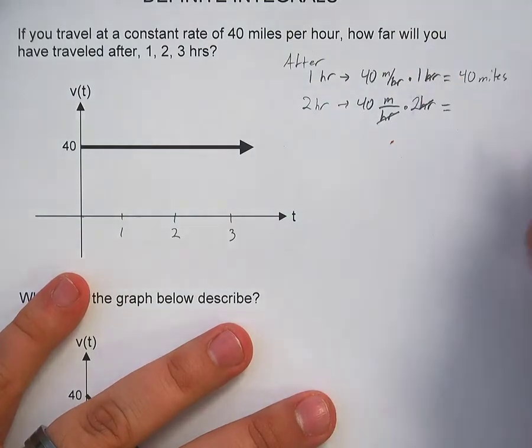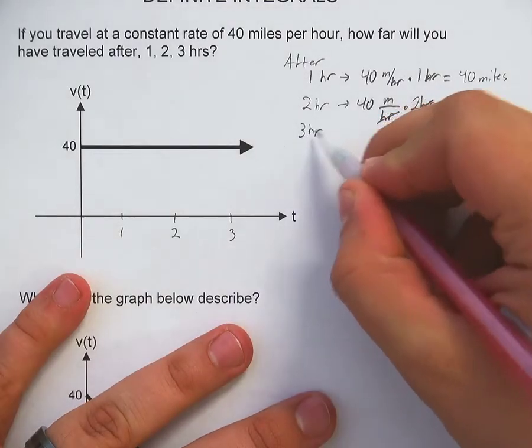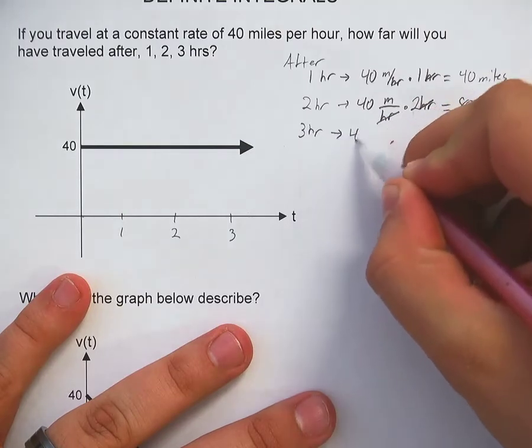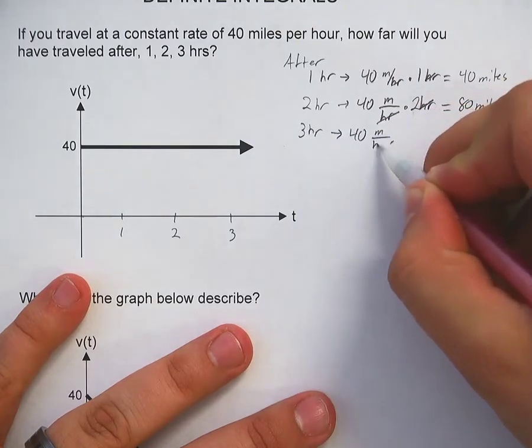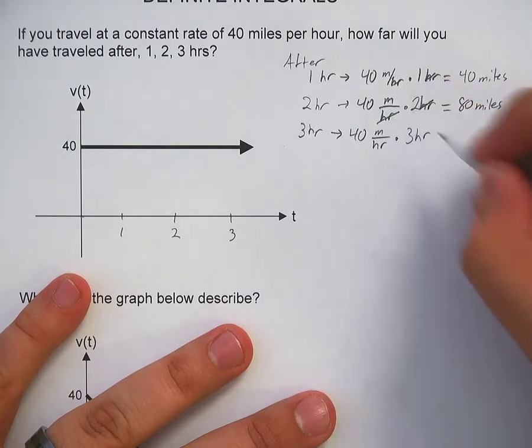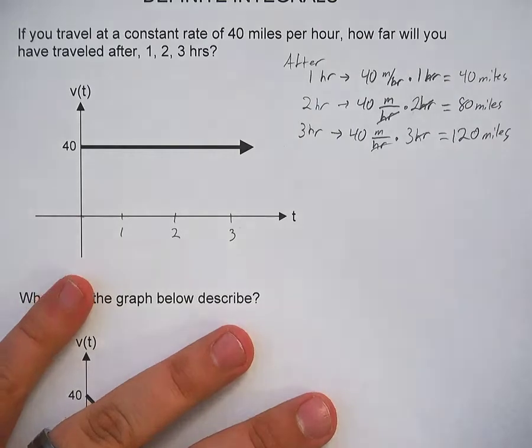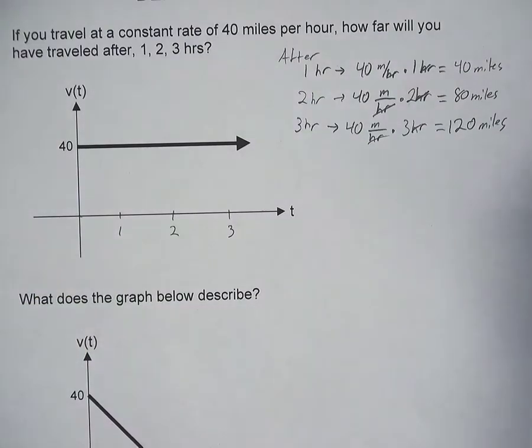After 2 hours, you've gone 80 miles, right? 3 hours later, it's 40 miles per hour times 3 hours, which is equal to 120 miles. Hours go away, you're left with miles.